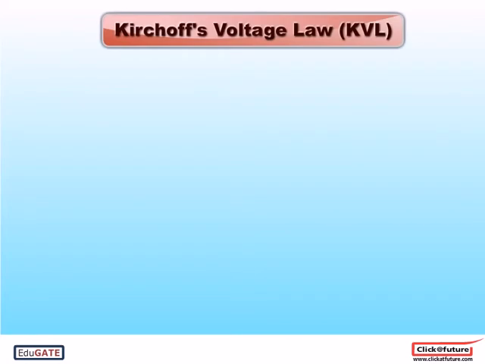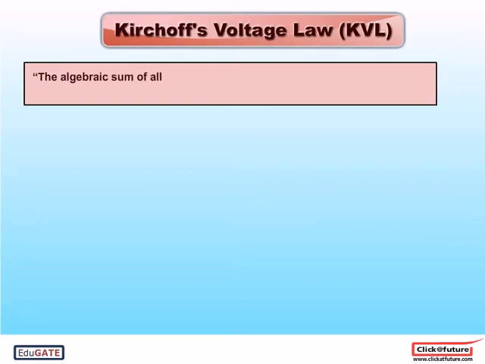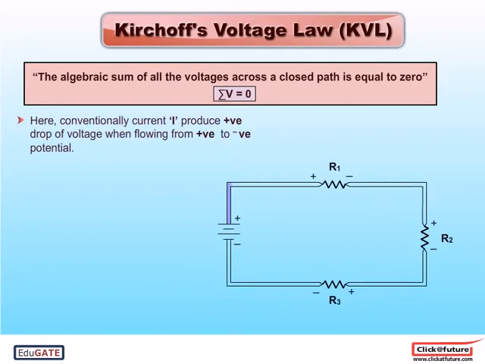Now let's see Kirchhoff's voltage law. Kirchhoff's voltage law states that the algebraic sum of all the voltages across a closed path is equal to 0. Here, the assumed current I causes a positive voltage drop when flowing from positive to negative potential.